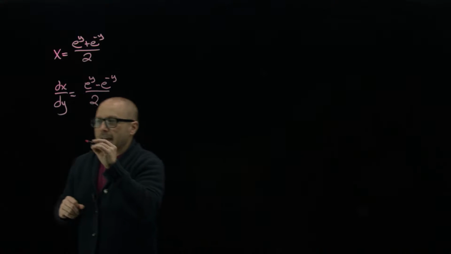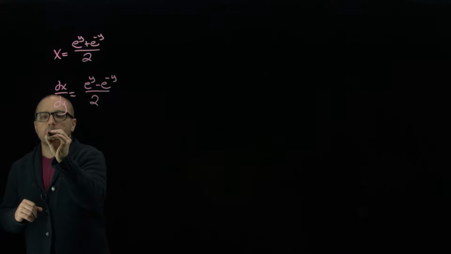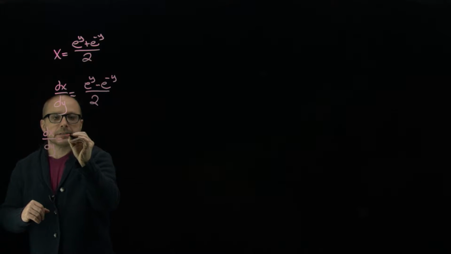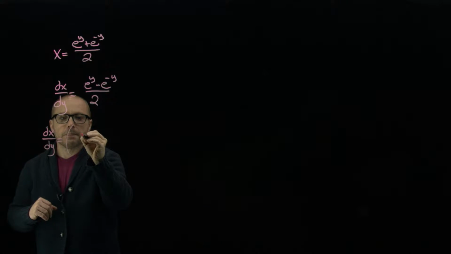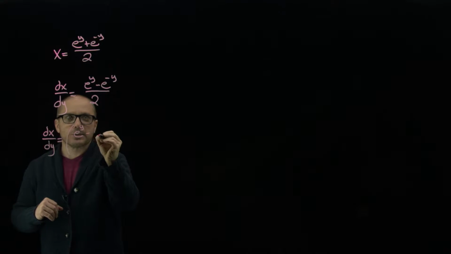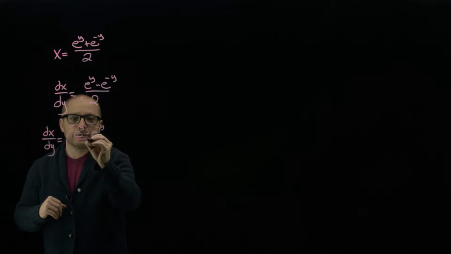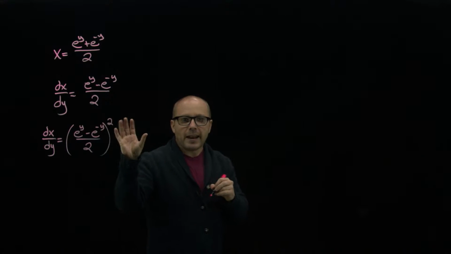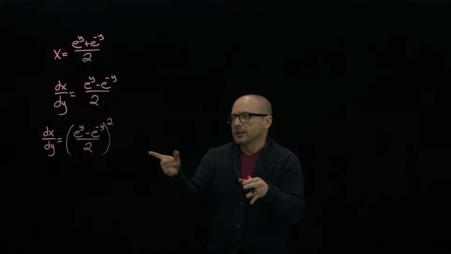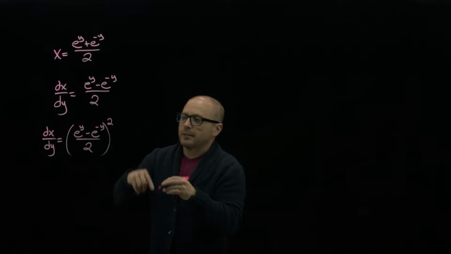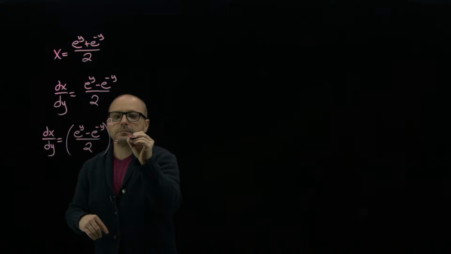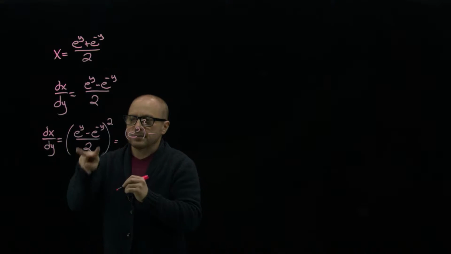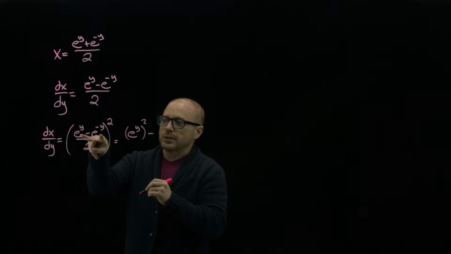When you square that, so this is going to be kind of an algebra review here as we look at this. Remember, it's tempting to want to just square each piece individually. But remember, you really have to FOIL that out on top, right? That's a binomial. So when you FOIL it out, you'd have e to the y squared minus, when you multiply these together, you just get 1, right?